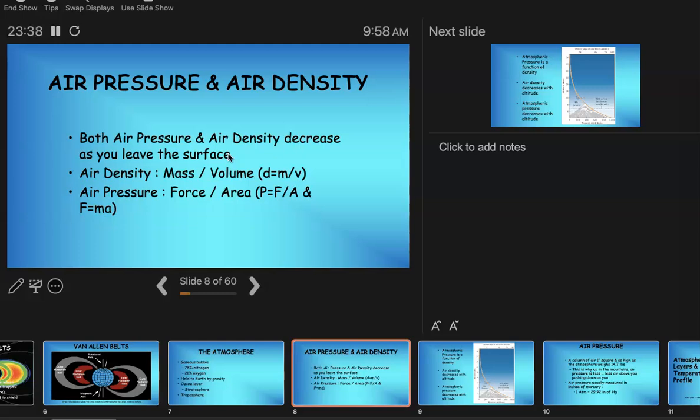So I want to talk about pressure and density. Formula for density is mass per volume. You probably knew that one. D equals M over V, right? At least you remember being tortured by it. Pressure, you might not remember. Some of you do more than others. Pressure is force per area.